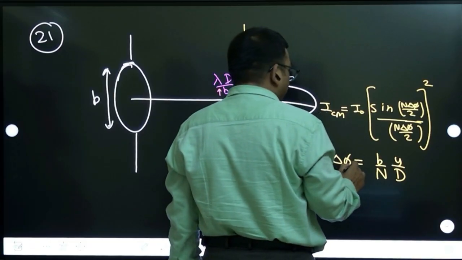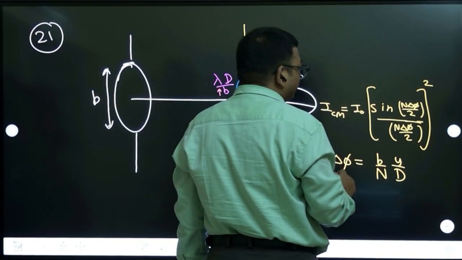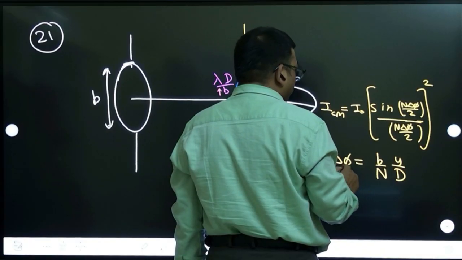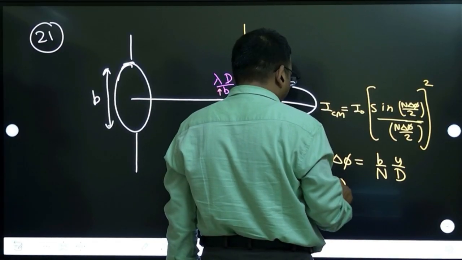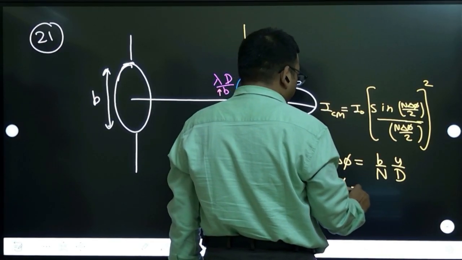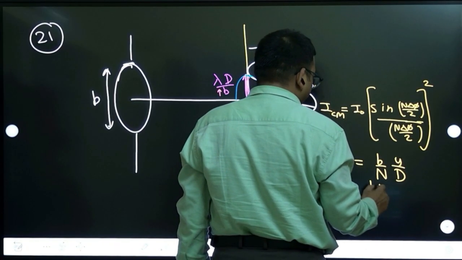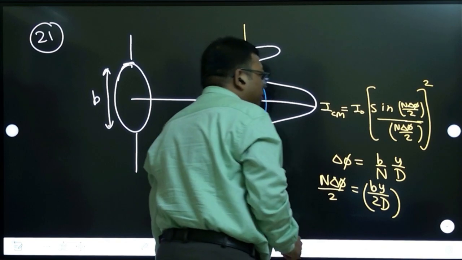So delta phi by 2. Yes, Sam, do you remember that? Is it correct? And delta phi by 2. So n delta phi by 2, that term becomes b by 2t. I think this is what it is.